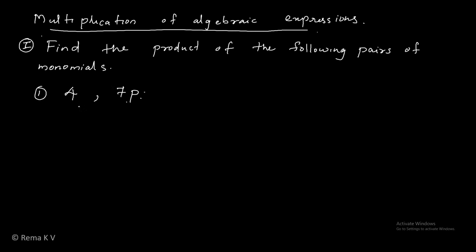To find the product, we have to write this as 4 into 7p. First we have to multiply the numerical coefficients of both the monomials. So what is 4 into 7?